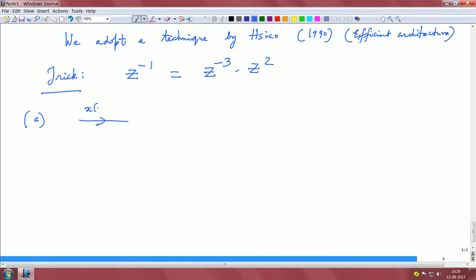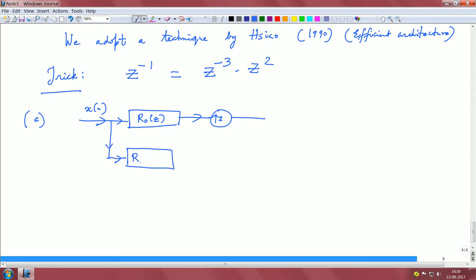Let us start with this step. We will start with type 2 decomposition at the interpolation stage. We have R0 of z followed by an upsampler, then we have R1 of z followed by an upsampler, and here we had a delay element, right.